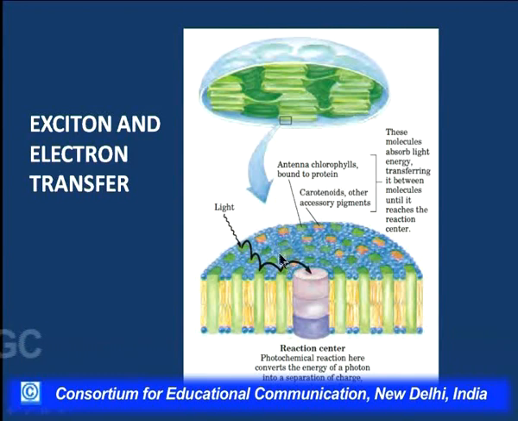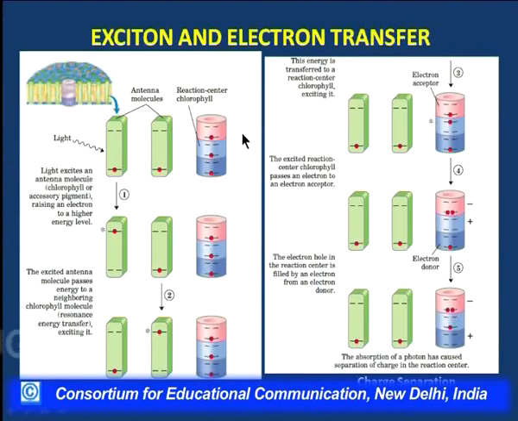So the energy of photons is going to be transferred through the light quanta, through various accessory pigments and the antenna molecules, ultimately to the reaction center, and each reaction center is present in the grana. And this is how the different processes take place.